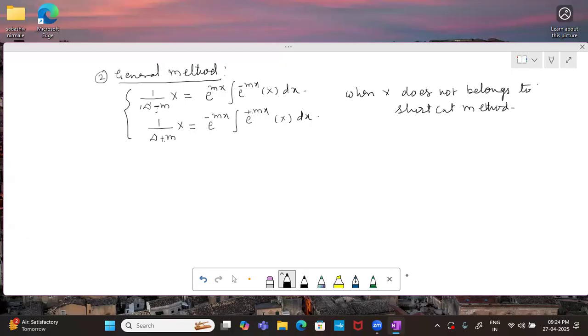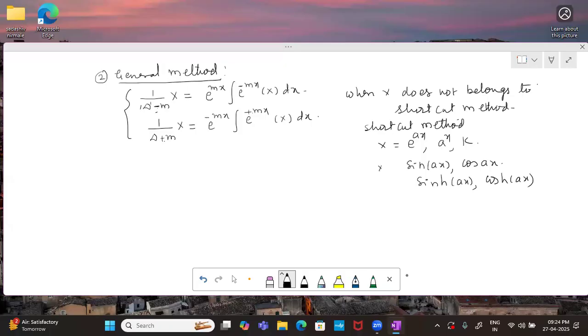And remember that we can apply the shortcut method when capital X is of these forms. First, e raised to ax, a raised to x, or a constant k. The second one is sin ax or cos ax, sin hyperbolic x, cos hyperbolic x.